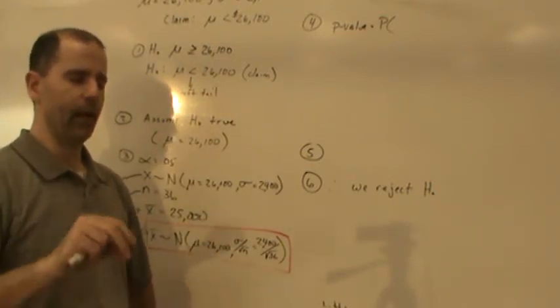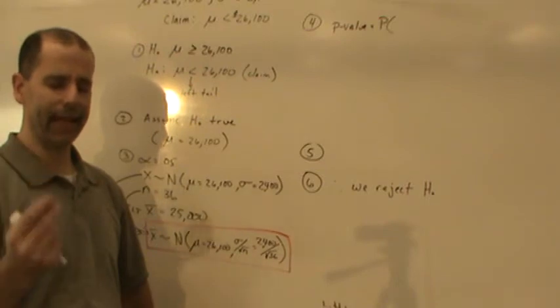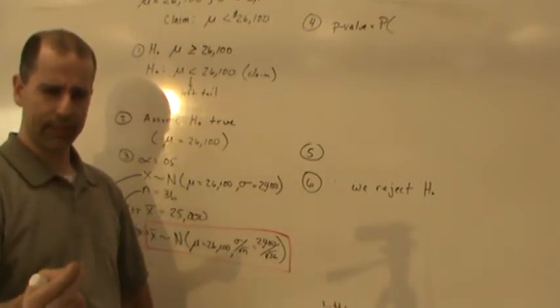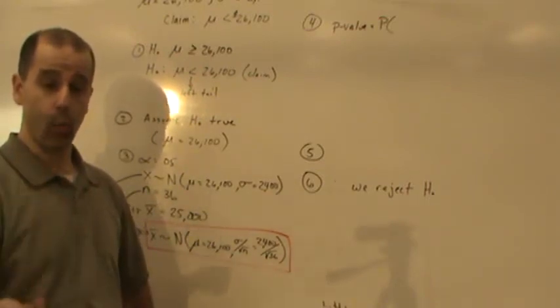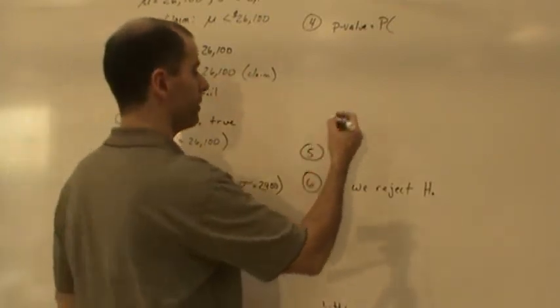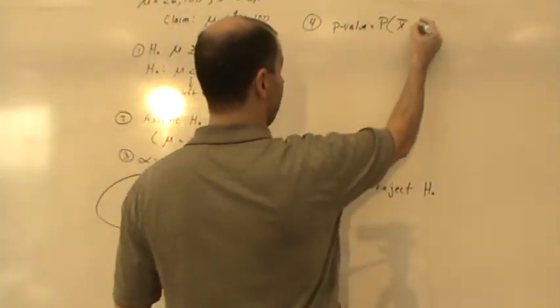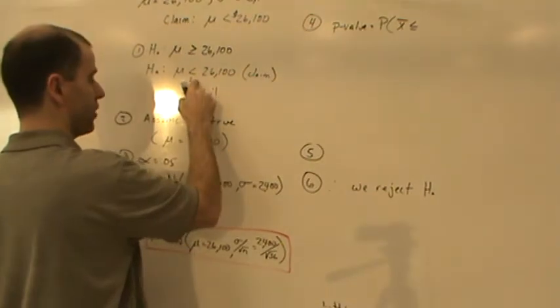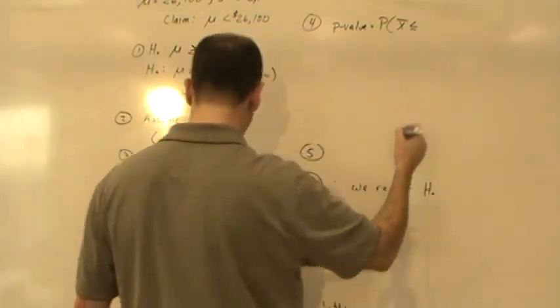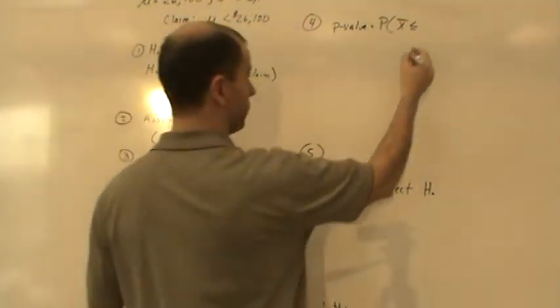Let me rephrase that. What is the probability of getting the sample statistic that we got or one that's more extreme? So in this case, it'll be x bar being less than or equal to what? Less than or equal to 25,000. That's what we had.